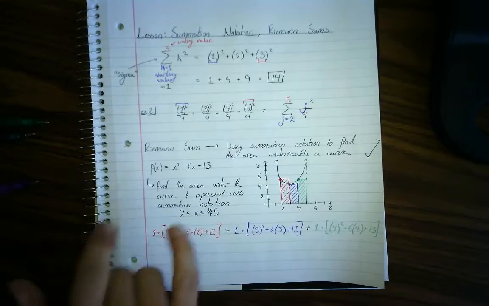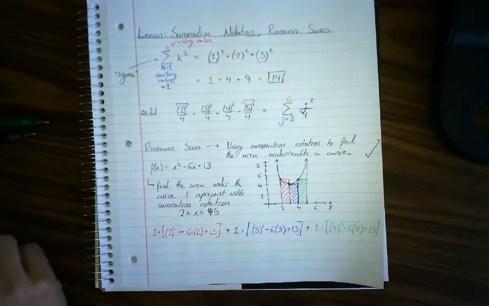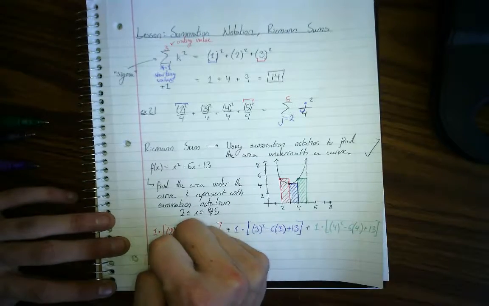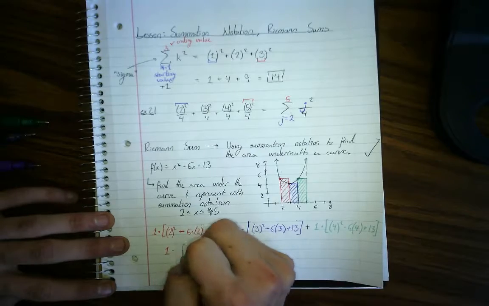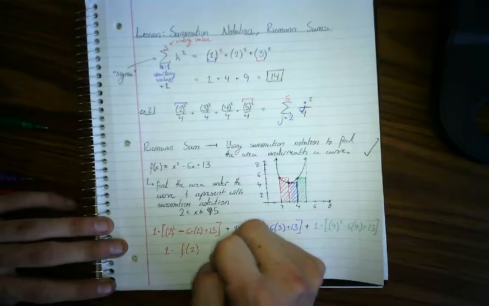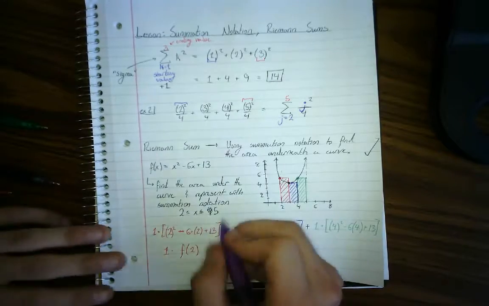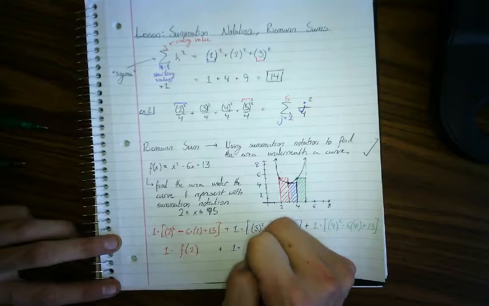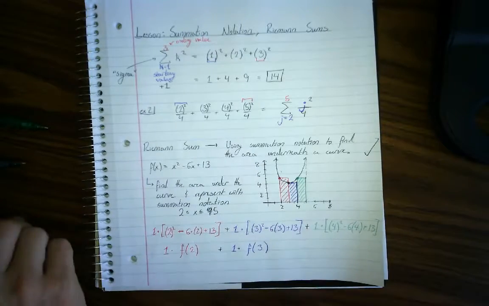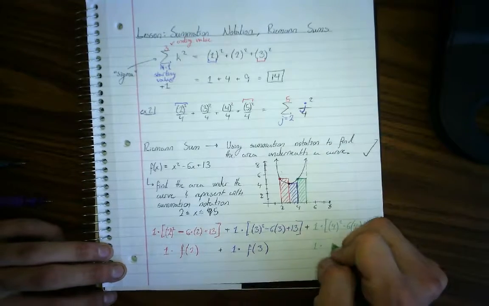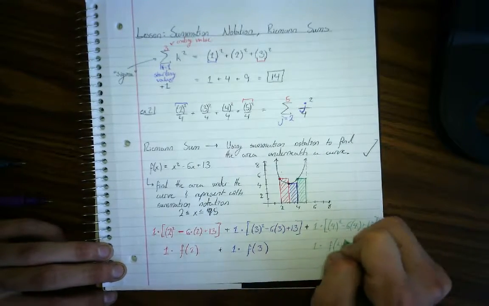So let's rewrite it in terms of our function so we can make it most general. This guy's going to become 1 times our function evaluated at 2. This one's going to be 1 times our function evaluated at 3. And finally, this one over here is 1 times our function evaluated at 4.